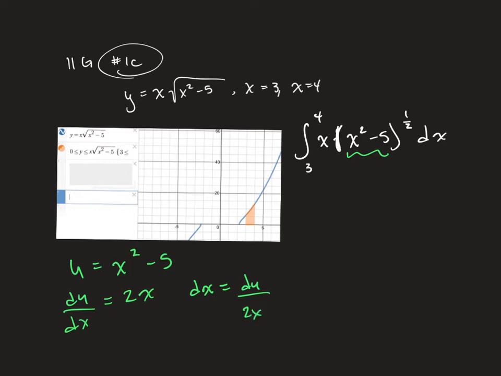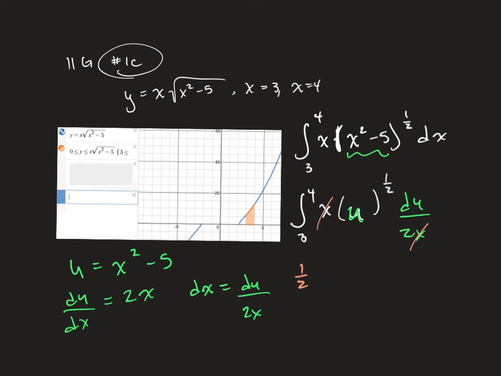So then back here we'd get the integral from 3 to 4 of x to the 1/2 d. Hang on, getting ahead of myself here. Here's u. Make it green. And then du over 2x. Those x's are going to simplify, and we're going to get a coefficient of 1/2.